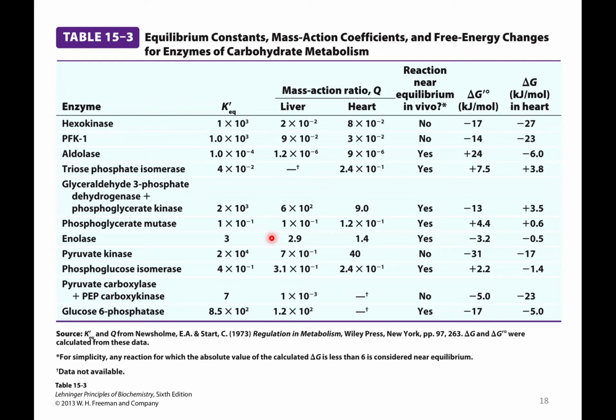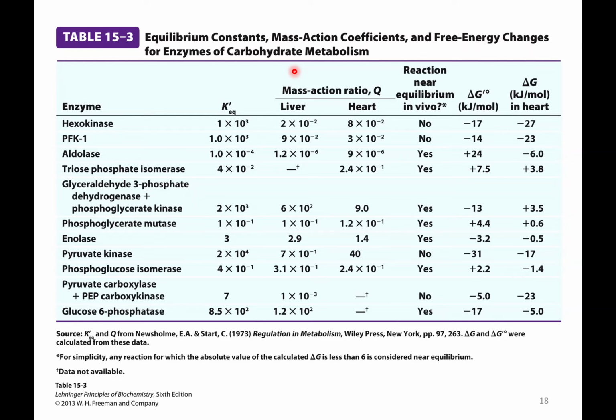Table 15.3, you don't have to memorize any of these numbers, but it shows you an example. If we pick out some reactions in glycolysis, maybe we can find the ones that are closer to equilibrium.